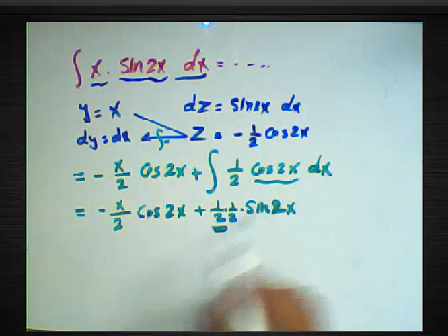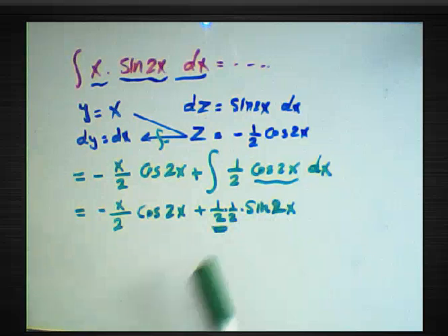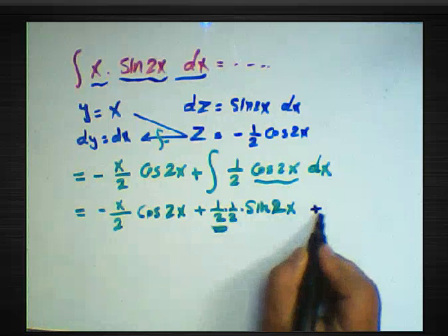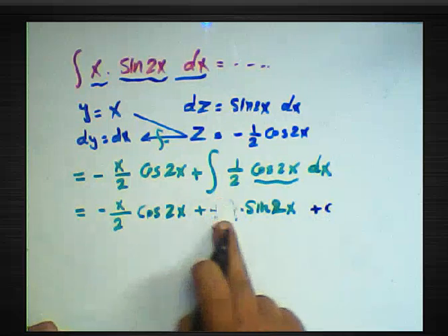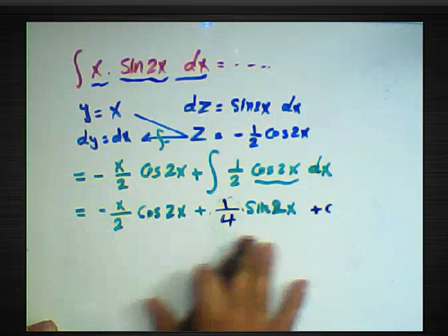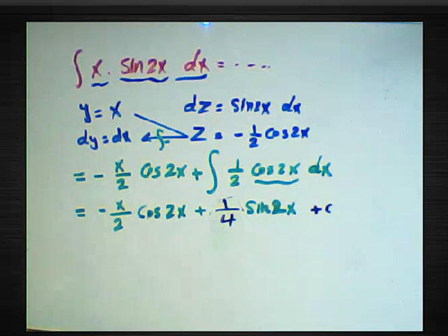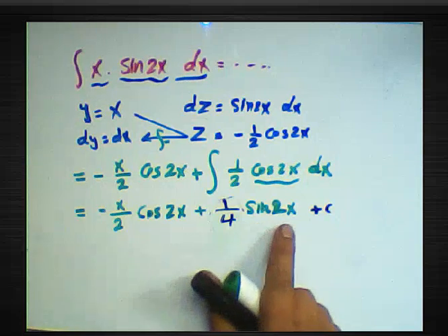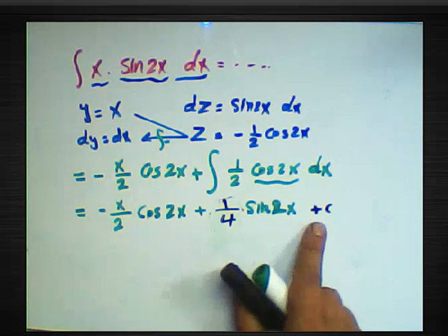So the integration of cosine 2x equals half sin 2x, and write constant here outside. Half times half equals fourth, we can write fourth here. Okay, so the result will be negative x over 2 cosine 2x plus fourth sin 2x plus constant.